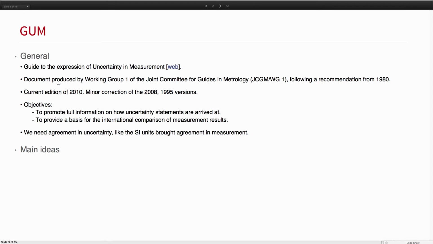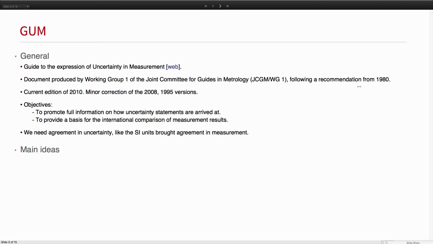This document has been produced by this working group of metrology, and the current edition is of 2010, with minor corrections since then. It's based on a recommendation from 1980, and in fact, most of the main ideas, the names, etc., were already there in a one-page document from 1980. Quite interesting.